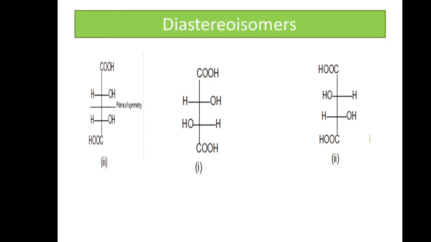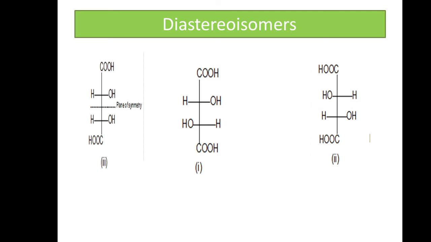So then the new term, diastereoisomers. Here the three structures of tartaric acid are given. Structures 3, 1, 2. We already discussed that structures 1 and 2 are related as object and mirror images, so they are known as enantiomers.